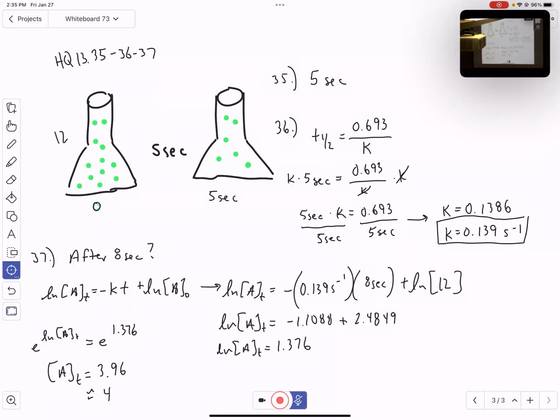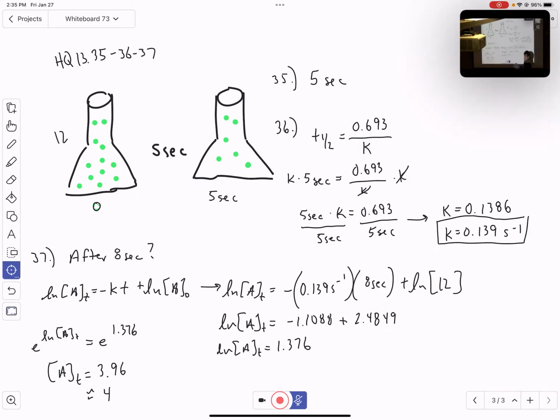The ln comes from our integrated rate law for a first order reaction. This is how we make a linear relationship between concentration and time for a first order reaction, by thinking of it as the natural log of concentration over time. That's where the natural log comes from.